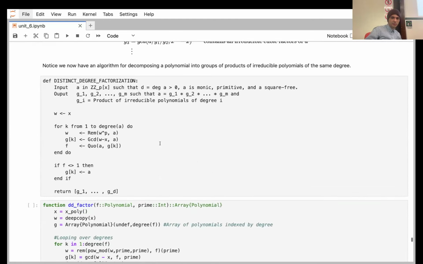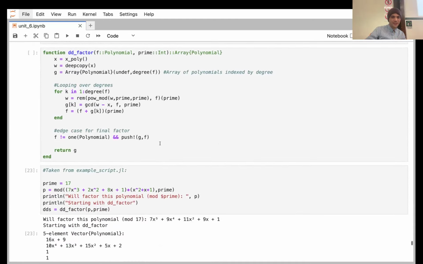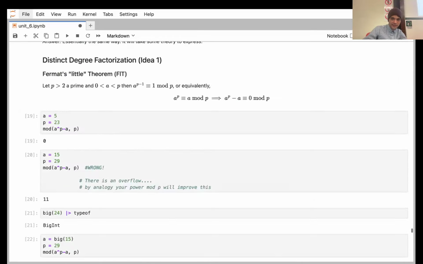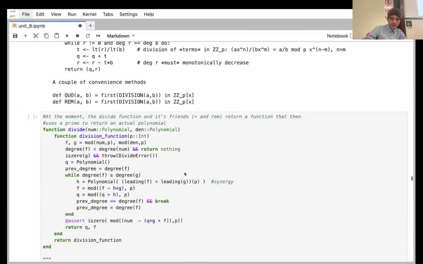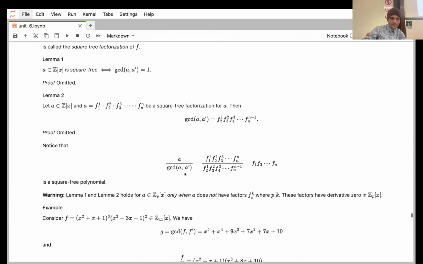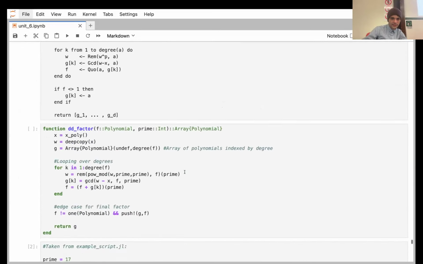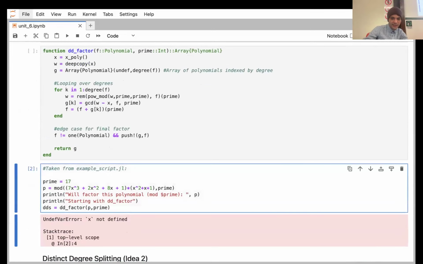Let's see if I can actually run that. My claim is that our project can do this. So let's see what happens if I run this. I think I just have to say x is equal to x poly.